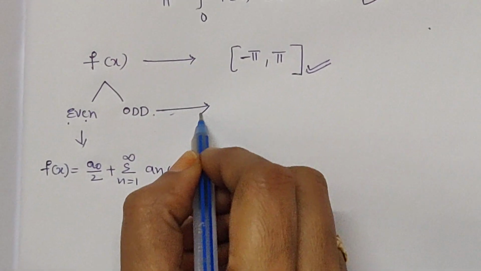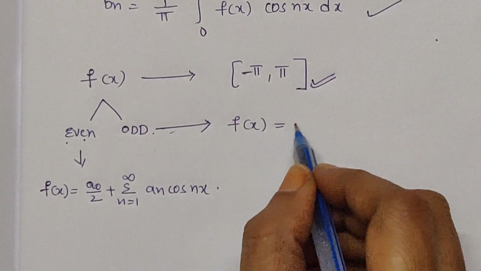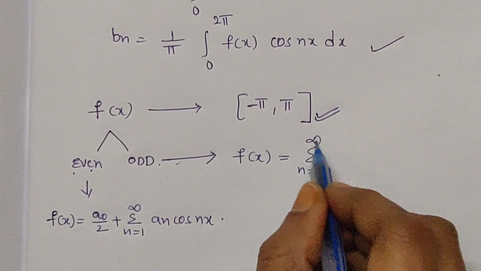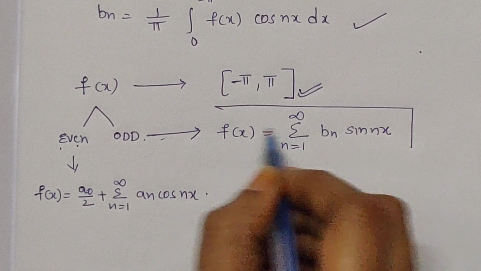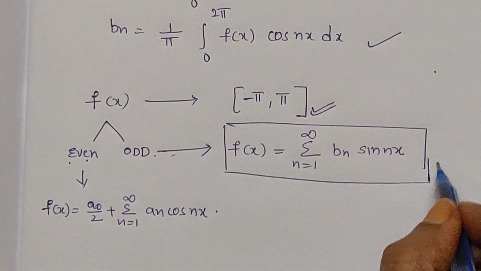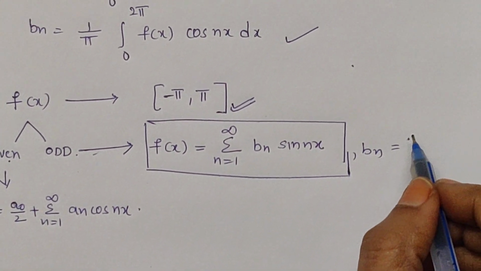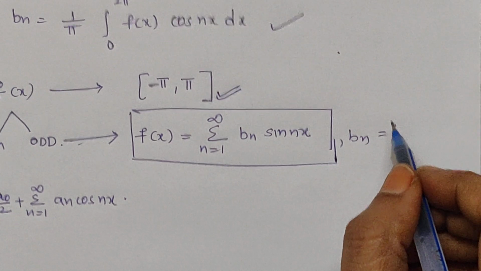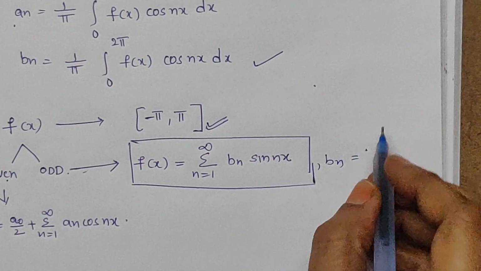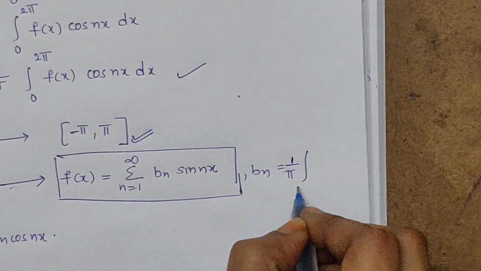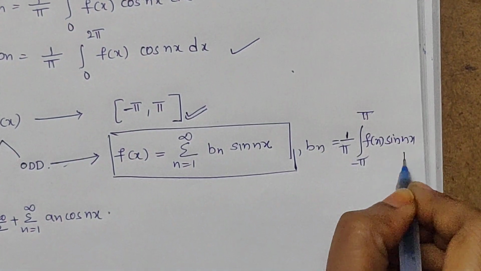If the function is odd, the Fourier series expansion is f of x equal to sigma n equal to 1 to infinity bn sin nx. Here to find the bn Fourier coefficient, the formula is bn equal to 1 by pi, integral minus pi to pi f of x sin nx dx.